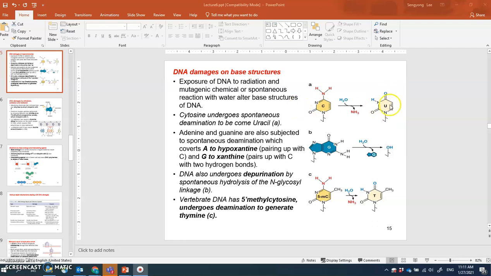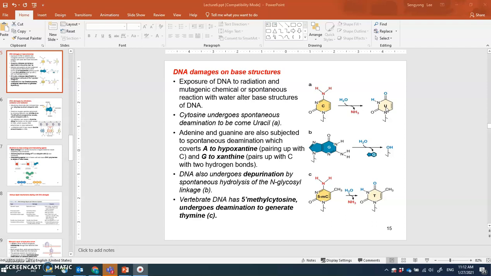So you understand the different base pairing capacity. C base pairs with G, but if it becomes U, and actually DNA doesn't have any U, but if it's inserted through this mutation, then U pairs up with what? It's going to pair up with A, right? So that's a mutation. If U is used as a template, it's going to bring in the A on the opposite strand.